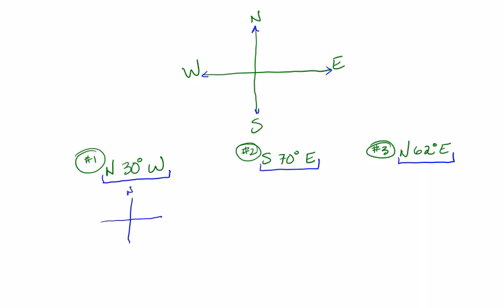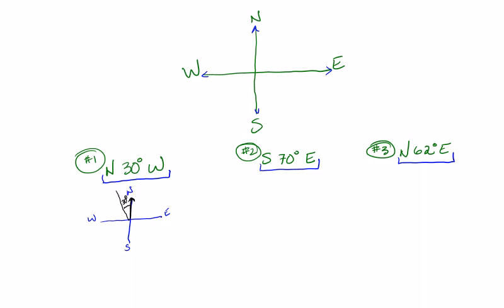If something says north 30 degrees west, we're actually going to start with north. It's a little bit different than the way you've become accustomed to drawing angles. We start with north, and then we go 30 degrees to the west. That would be your 30 degrees there.